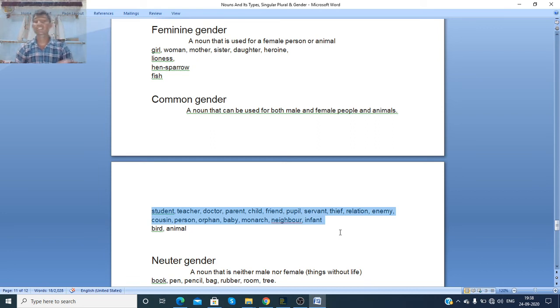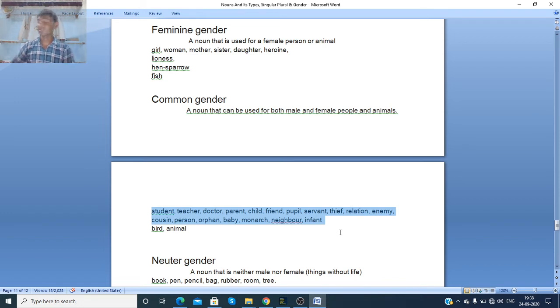Like student, it doesn't matter if a student is a boy or girl, we use the same word for both. Teacher, if I am a man and someone is a woman, the word teacher will be used for both of us.